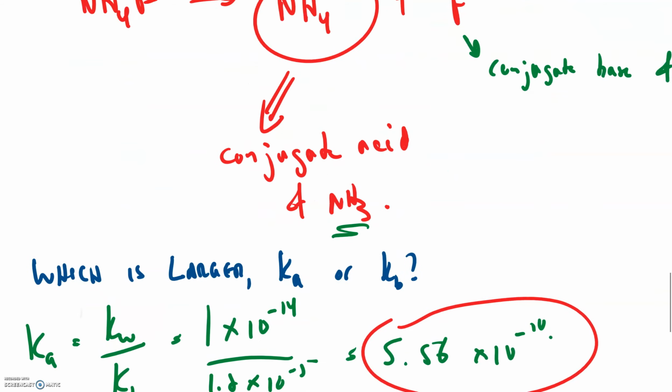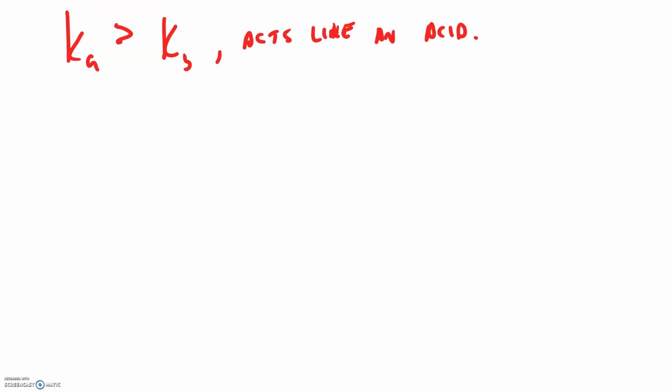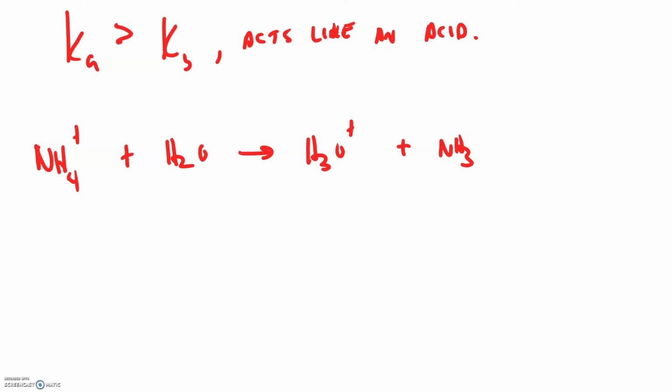Just plug it in. You know the initial concentration, 0.5 molar. We know it's going to act like an acid. That means that NH4 plus is going to act like an acid by donating this H plus to water to make H3O plus and NH3.